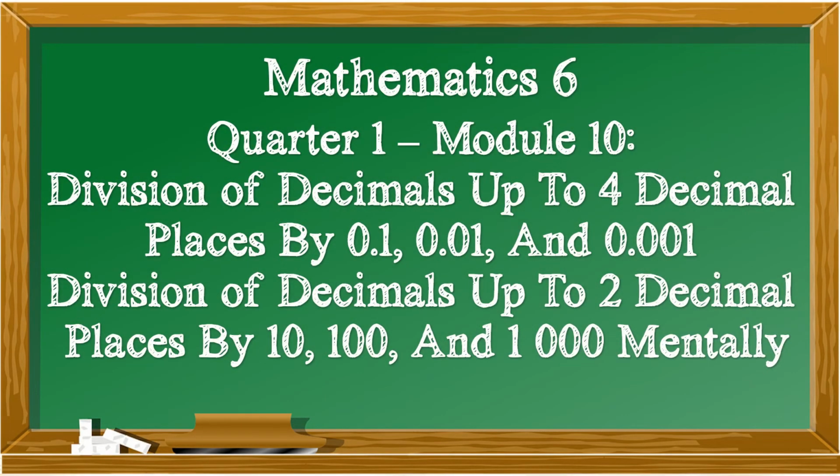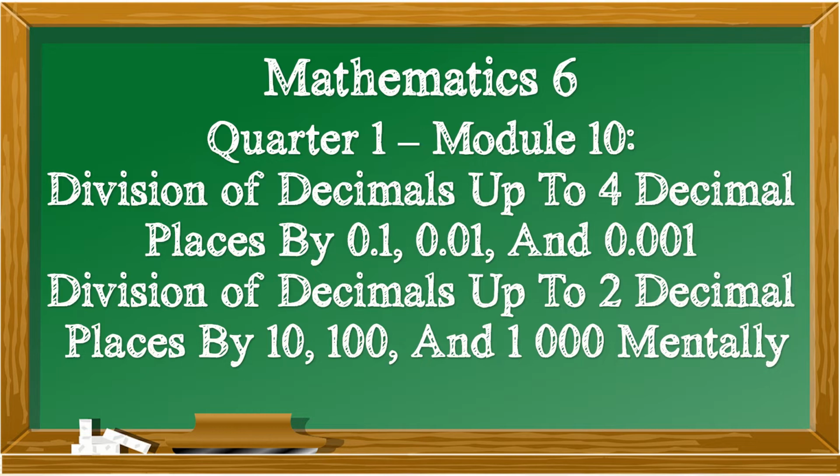Quarter 1 Module 10, Division of Decimals up to 4 decimal places by 1/10, 1/100, and 1/1000. And then division of decimals up to 2 decimal places by 10, 100, and 1000 mentally.